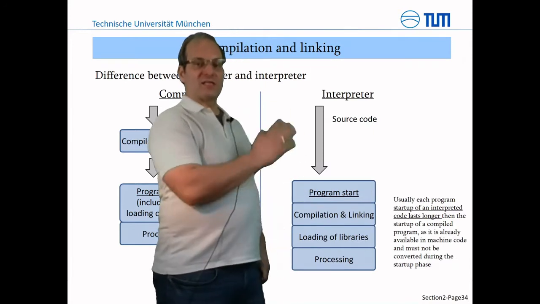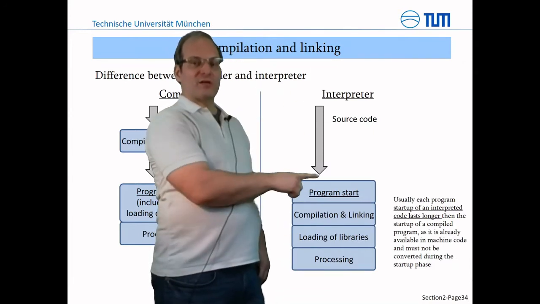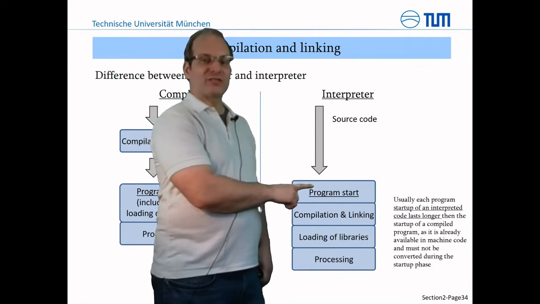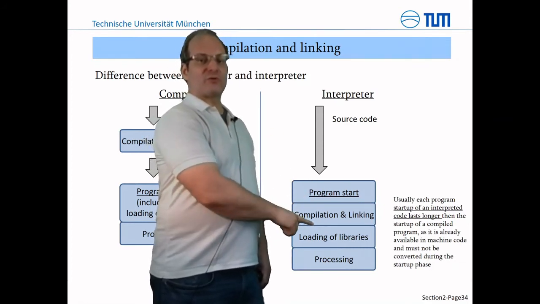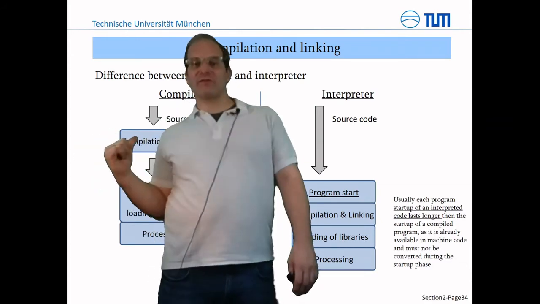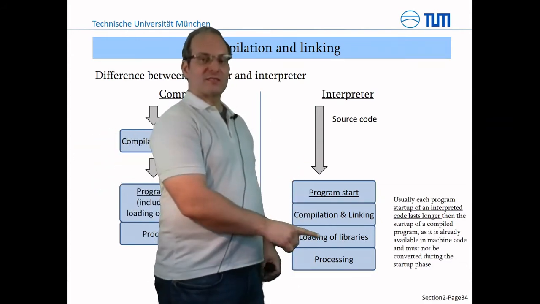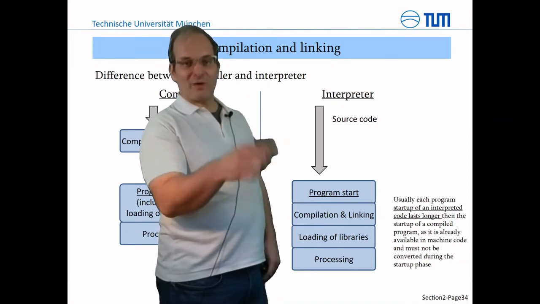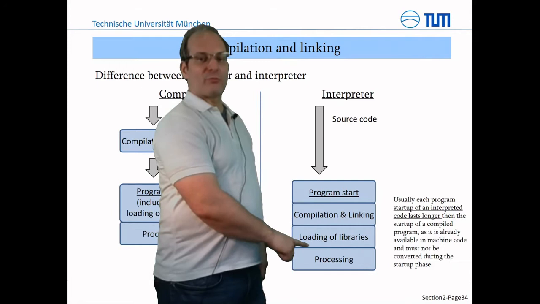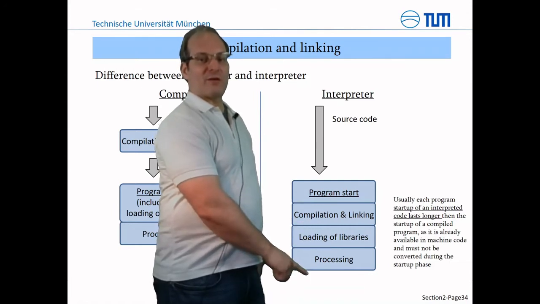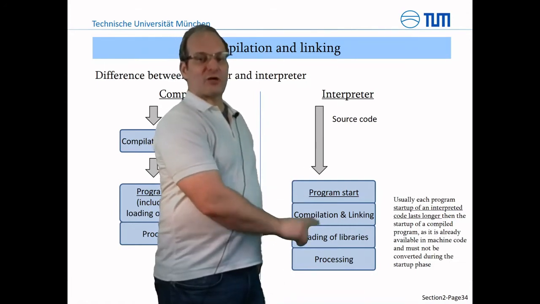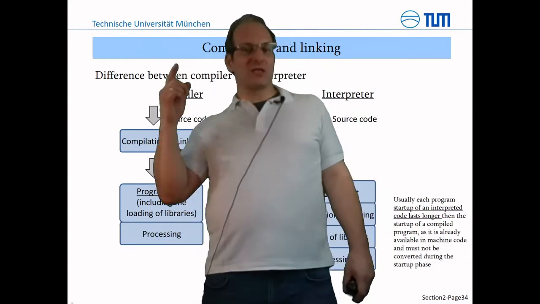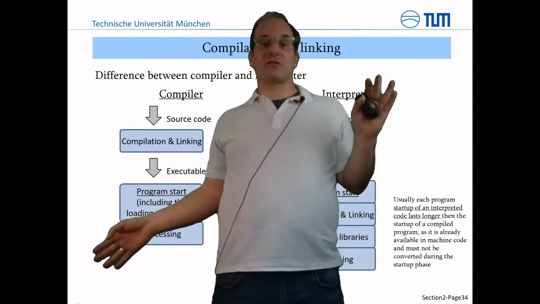On the other hand, in an interpreter, you write the code, and then the code is interpreted at the time when you start it. So you start the program, you do the compilation and linking, the things which you have done here. It's not necessary anymore to have it command by command; you can do it for the whole program, and then you do the loading of the libraries and the processing. So for the startup, you need more time here, and therefore it's also essential if you compare different types of programming.